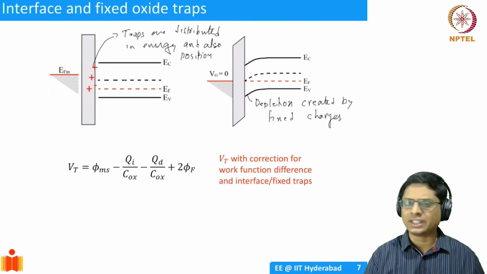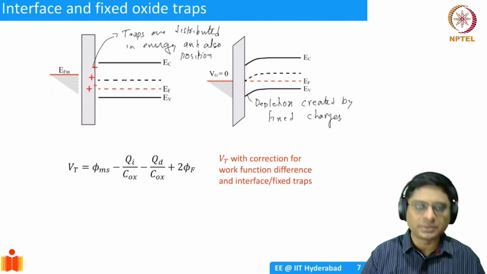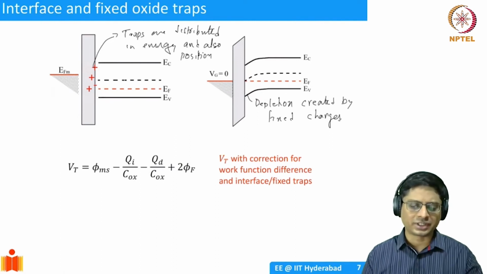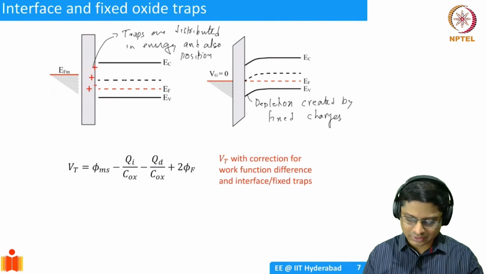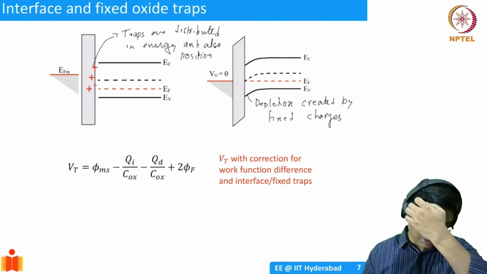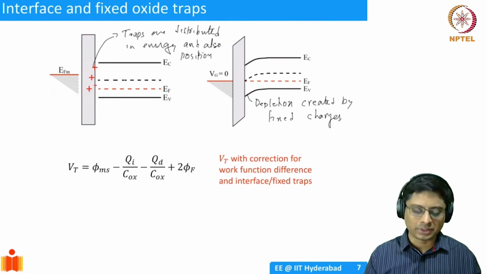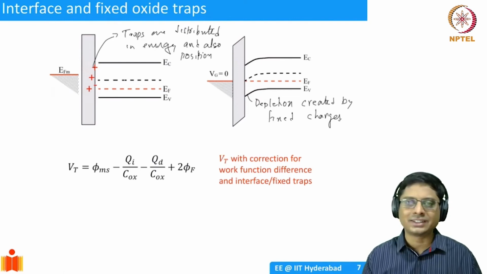It can be a fixed trap or oxide traps; oxide means in the bulk of the oxide, and interface means right at the interface between silicon and silicon dioxide. So you can have either variety of these things. When you have such a variety of charges, then you will have depletion, or sometimes if you have a negative charge, you can have accumulation. That's also possible. So it becomes a very tricky thing to analyze in detail what exactly is happening.